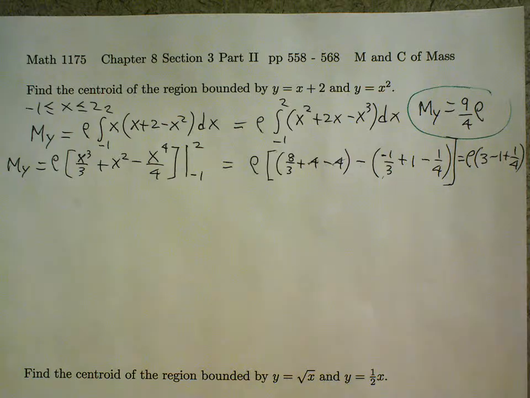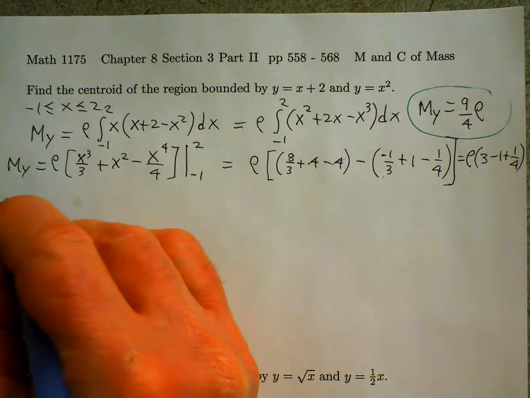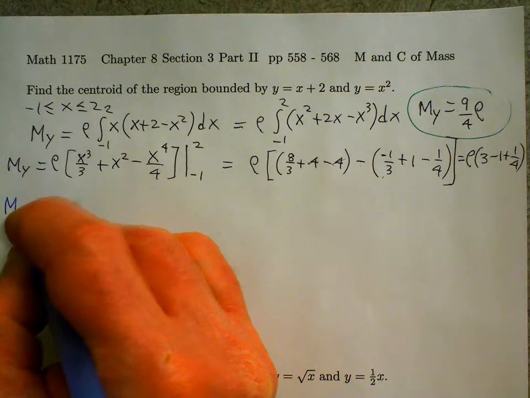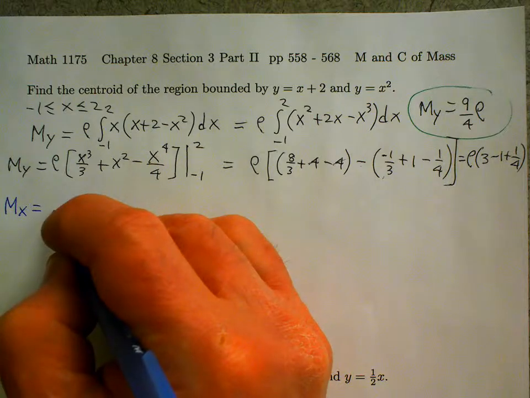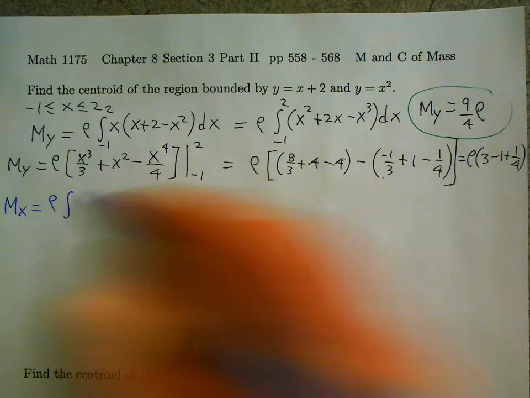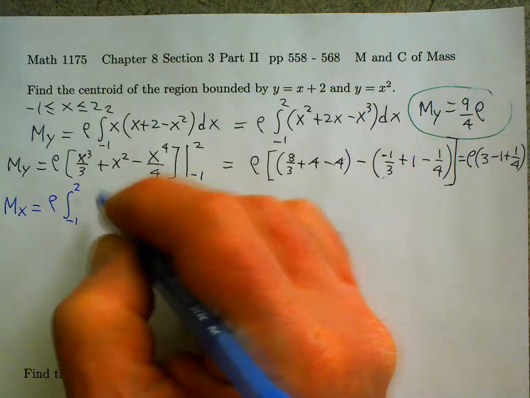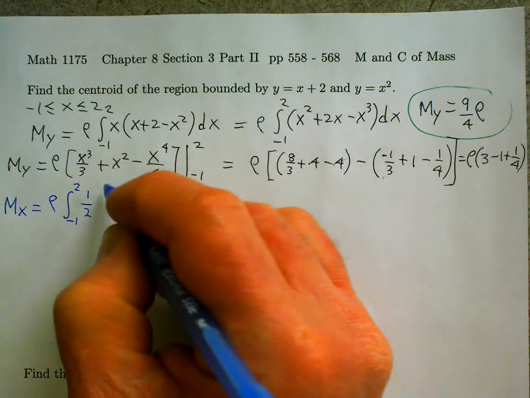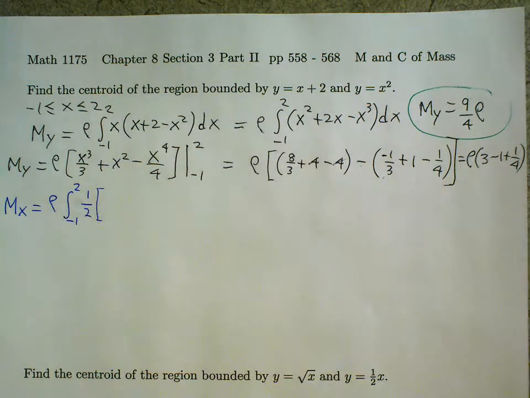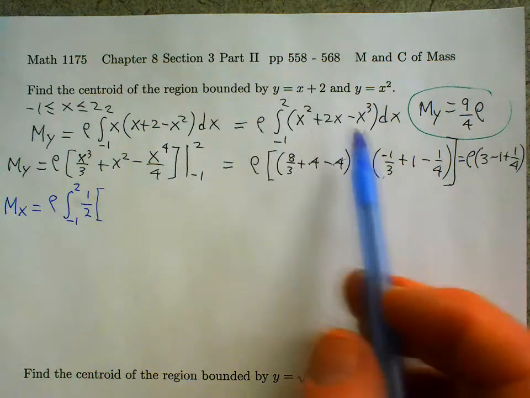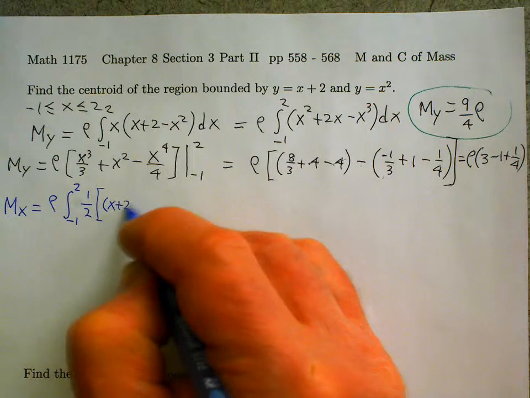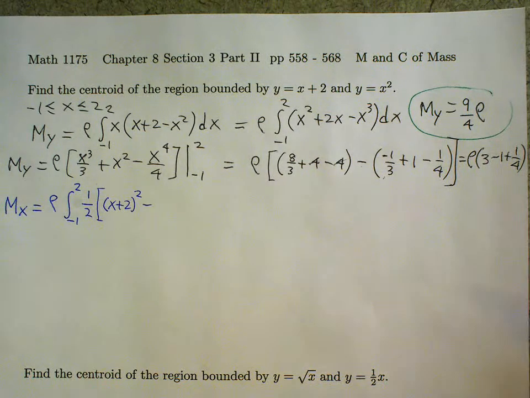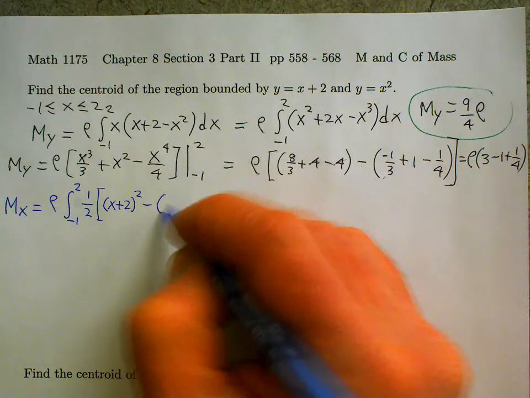Okay, then find the moment of the region about the x-axis. So this will be rho times the definite integral from -1 to 2 of 1/2 times the quantity. So here we have to square x plus 2, and from it, we're subtracting the square of x squared.